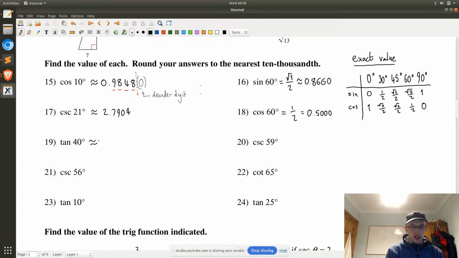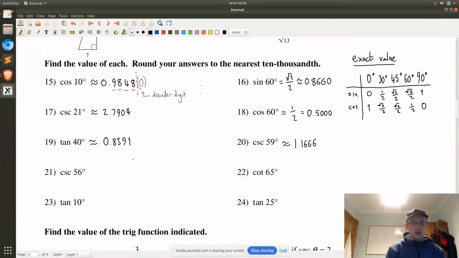Tan of 40 degrees. Directly enter it into your calculator. Obtain the result, 0.8391 to the nearest 10,000th. Cosecant of 59 degrees, that's 1 over sine of 59 degrees. Enter into your calculator, 1 on the top, sine of 59 degrees on the bottom, and we get 1.1666.